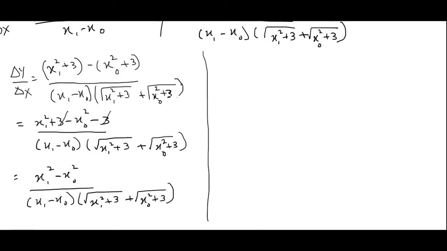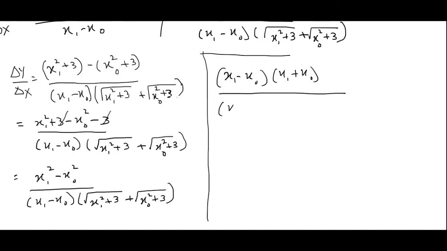Now in the numerator we have the formula a square minus b square, so we can write its expansion, which is x1 minus x naught times x1 plus x naught whole divided by x1 minus x naught and under root x1 square plus 3 plus under root x naught square plus 3.